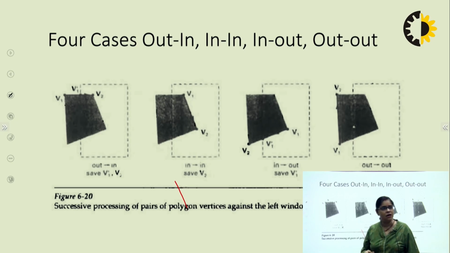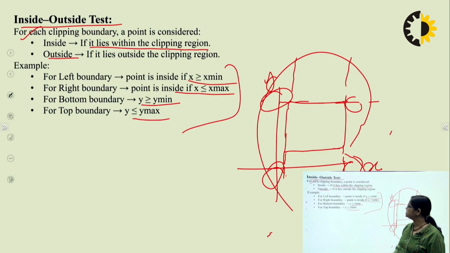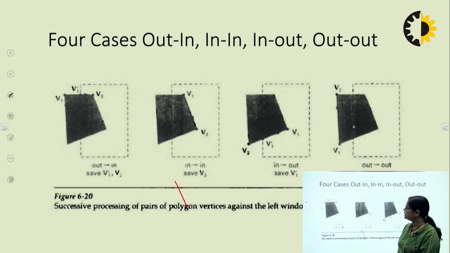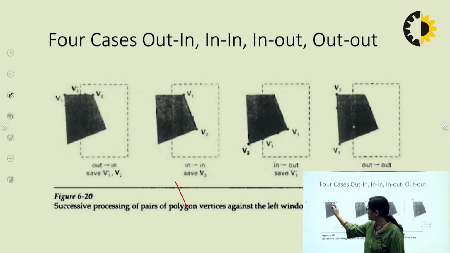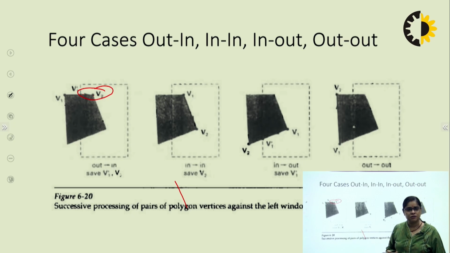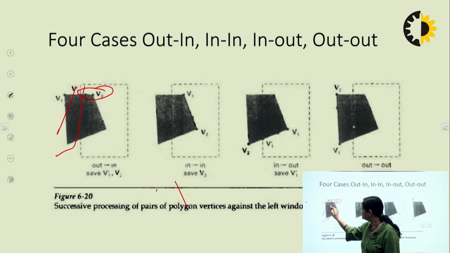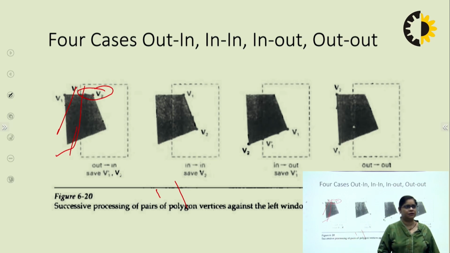If we clip, if I am discussing the previous slide, that is x greater than or equal to x min, it means that only Vi and V2, this part will be considered for the polygon, and this remaining part will be clipped. That is what we are saying, out in, right?